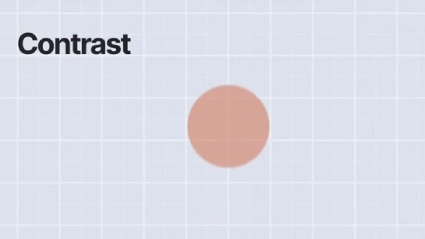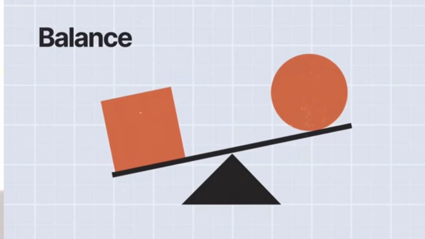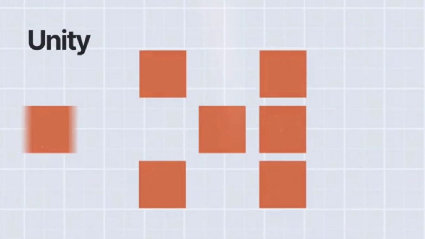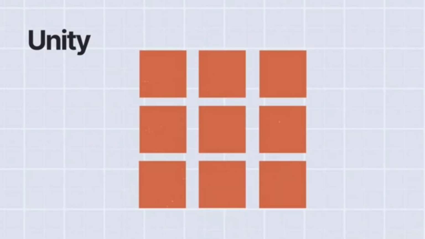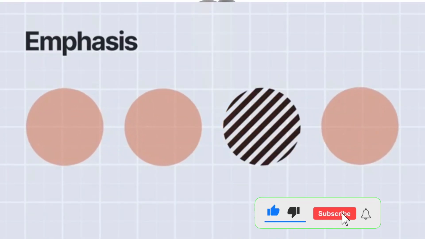For instance, you have contrast, hierarchy, symmetry, alignment, balance, and proximity. You have so many, and a detailed explanation of each has been given. So you must get the understanding of those principles in order to be proficient in your design journey.